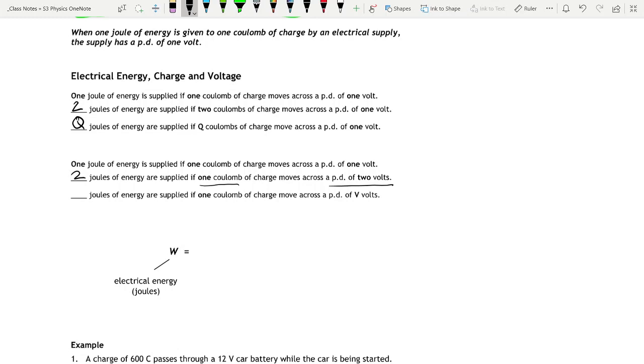If only 1 person passes me, but I give them 3 sweets, there'll be 3 in total. If 1 person passes me and I give that person 10 sweets, there's going to be 10. So there'll be V joules of energy if I give them V sweets, if only 1 person is running this cross country.